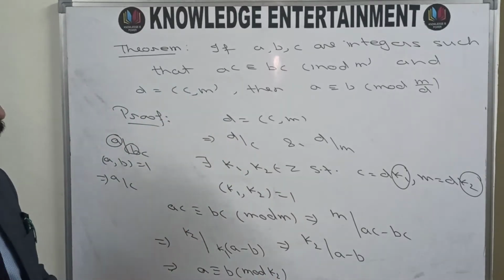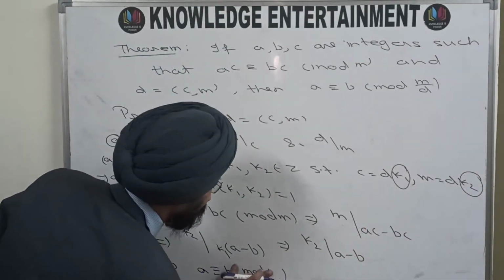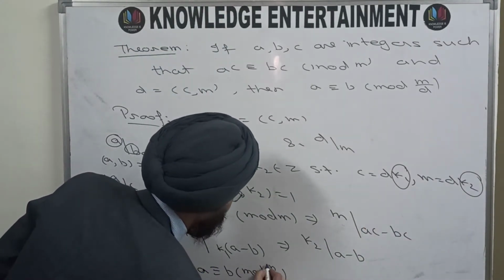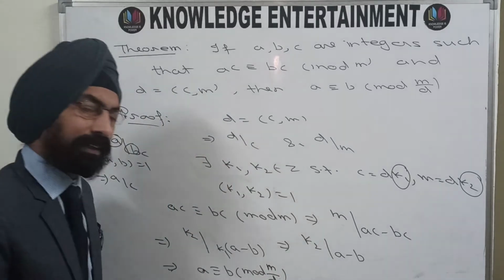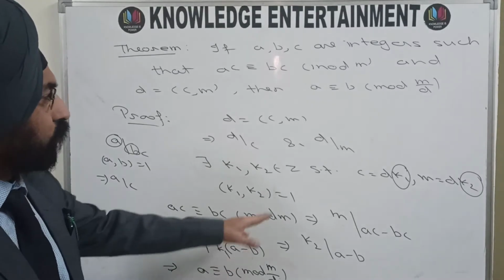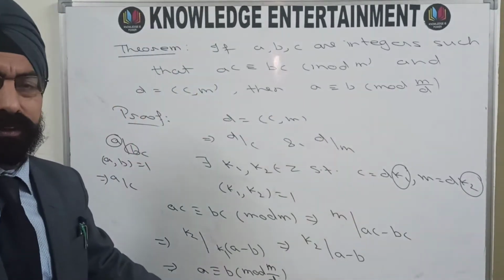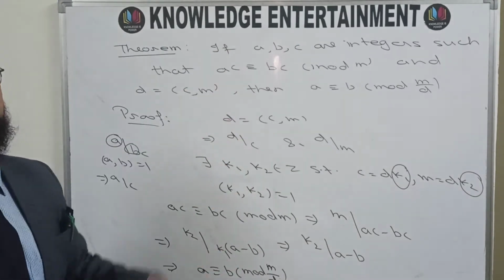What is your K2? Your K2 from here is M by D. So substitute it here. Have we not completed the proof? Yes, we have completed, because what we wanted to prove, A is congruent to B modulo M by D, is proved. So in this way, you can prove this theorem.